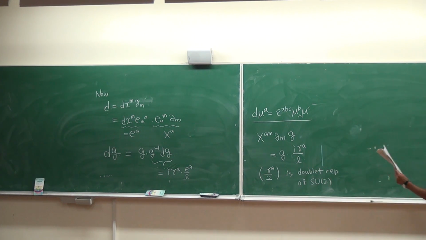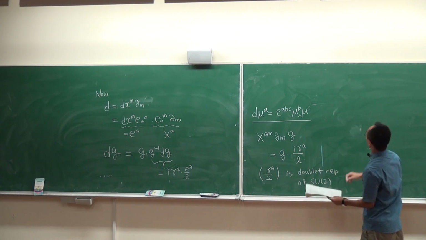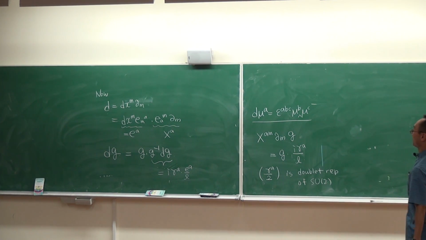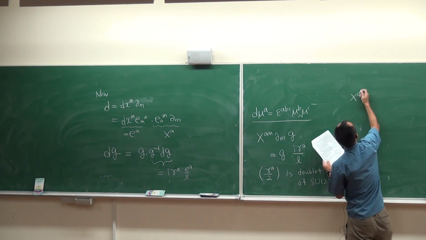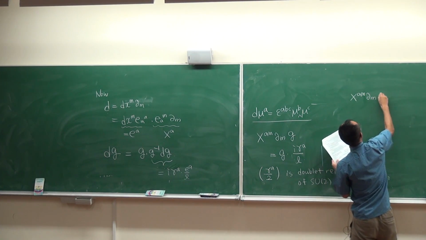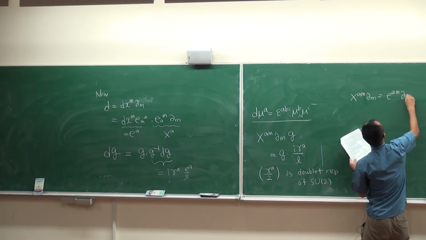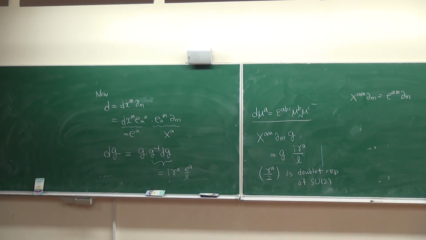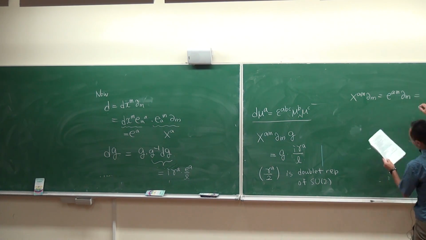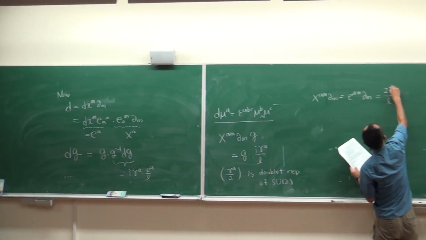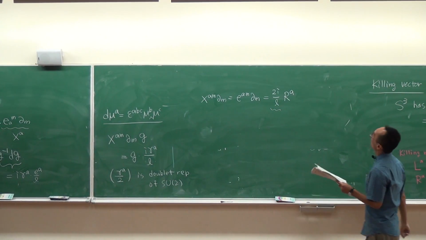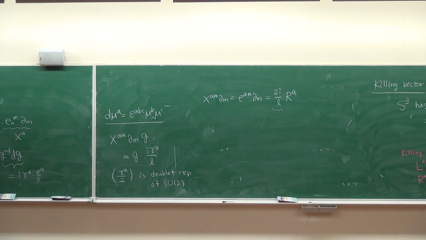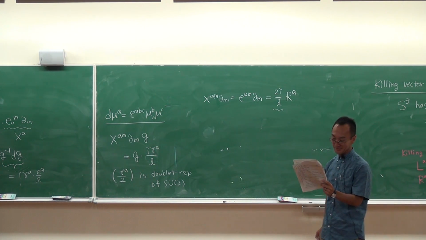Then the end result is that this vector field is actually proportional to the generator of right action of SU(2). And the proportionality constant is this. Okay.